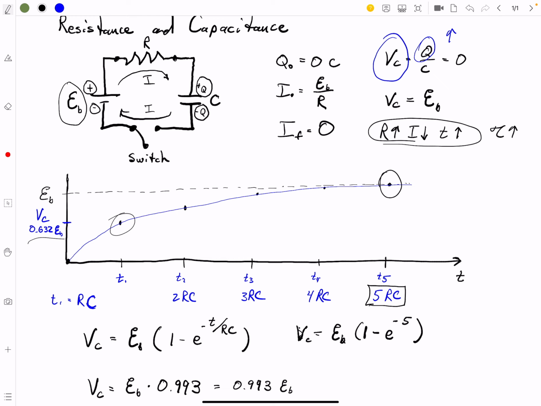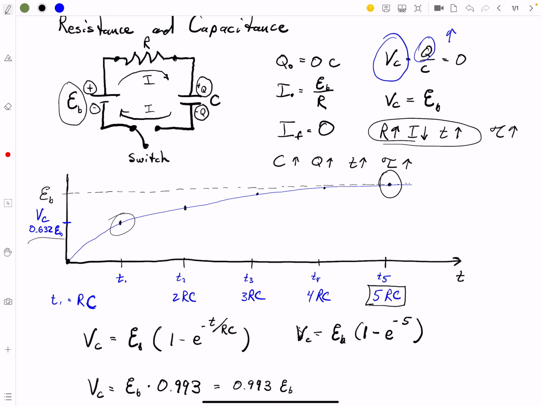And if the capacitance C goes up, that means Q goes up, and that means that you need more time. Time goes up, and therefore our tau goes up.